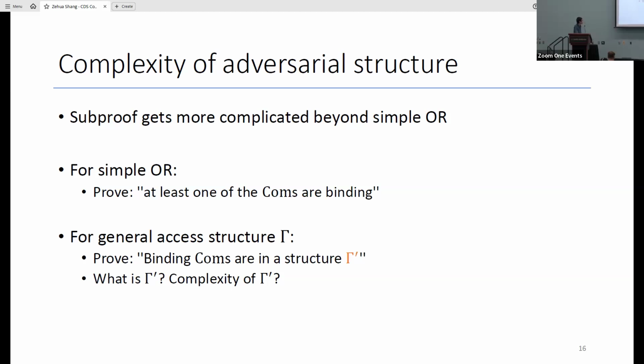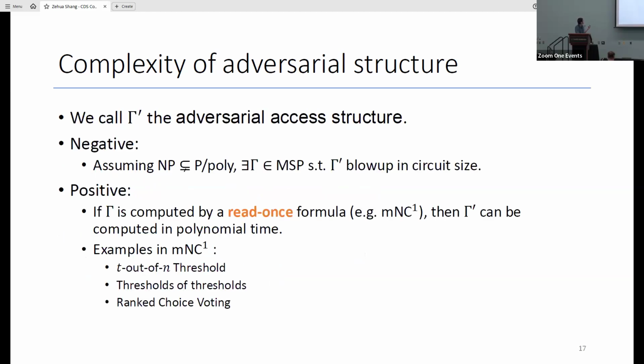So what is gamma prime, and what's the complexity of gamma prime? We will call this gamma prime the adversarial access structure. The name is because it represents the simulated transcripts, as opposed to where the prover has a witness.